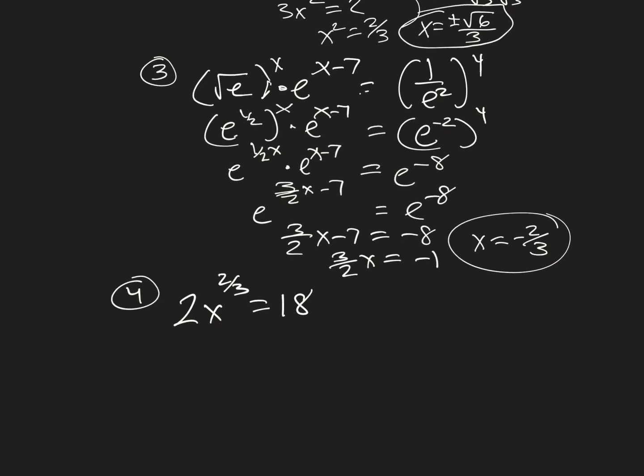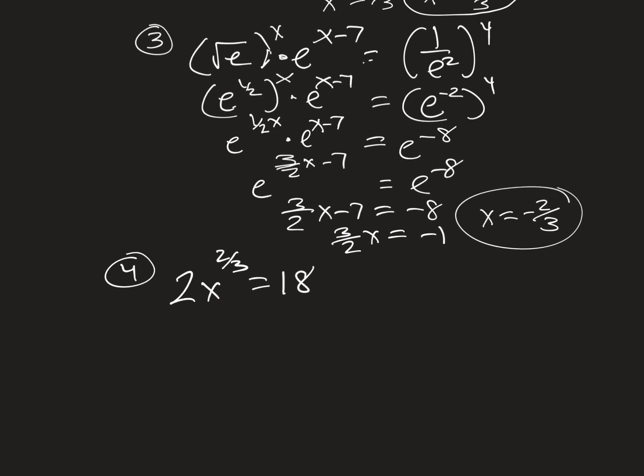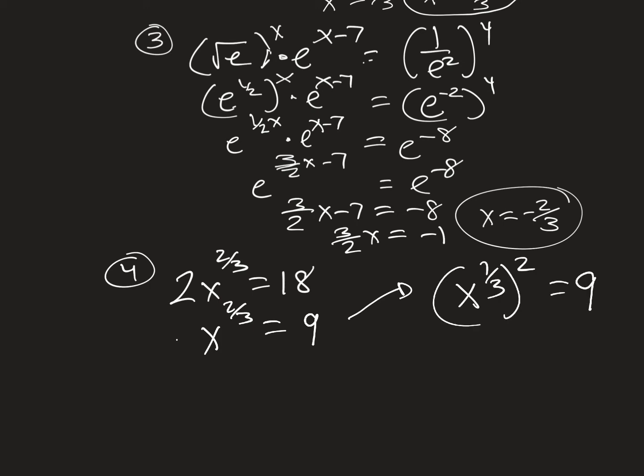Solving for x. First thing, of course, is to isolate this x to the 2/3. And remember, my idea for the best way to solve these is to break up this exponent on the left. I would rewrite this as x to the 1/3 squared equals 9. And the reason I do that is the first thing I'm going to do is to get at what's x to the 1/3 by doing the square root of both sides.